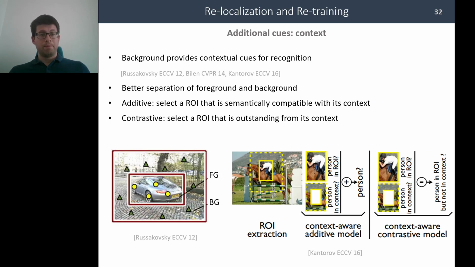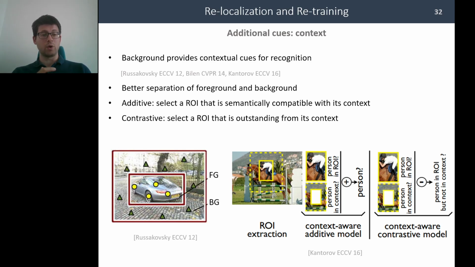Okay, so another cue we can use to improve relocalization and retraining is modeling the context. Context can be modeled separately, so that we have a separation between foreground and background.